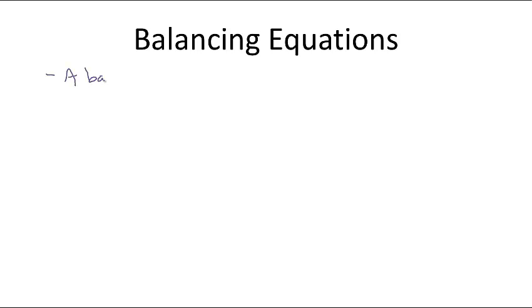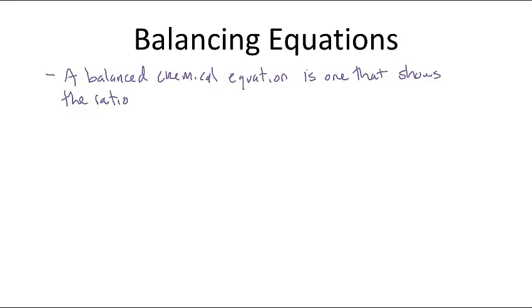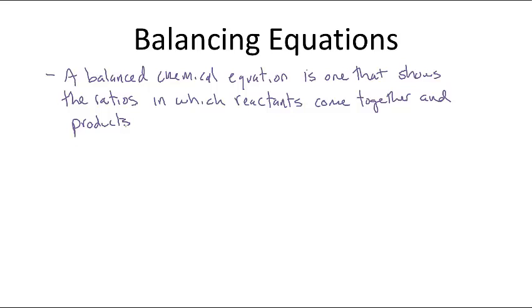Well, a balanced chemical equation is one that shows the ratios in which the reactants come together and products form.